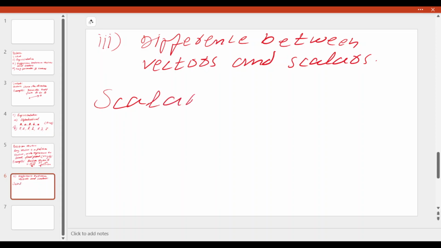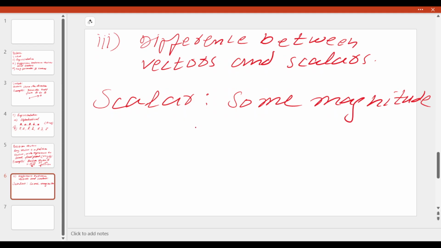By scalar we mean some magnitude with a unit.